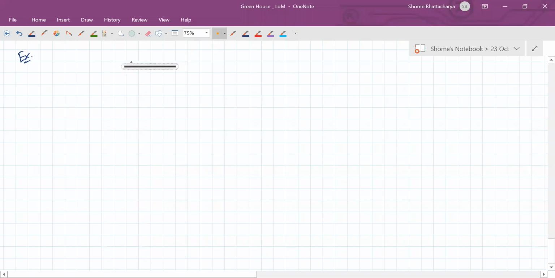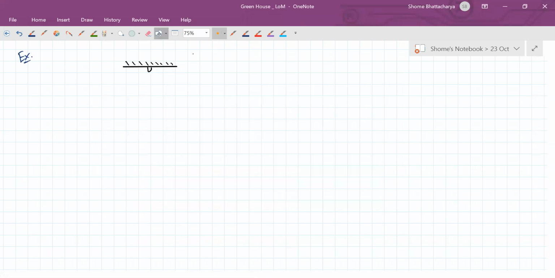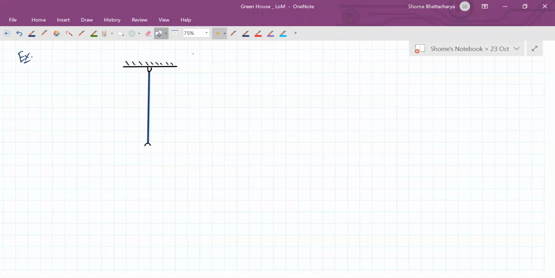So let's go back to a case of the vertical situation. So we have got this. Now we have got one light thread here, and this is used to attach or suspend one block like this. But we don't stop at this block now.